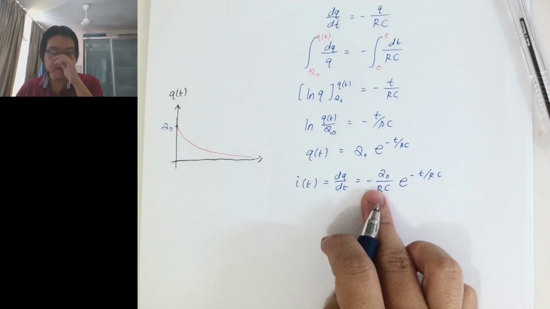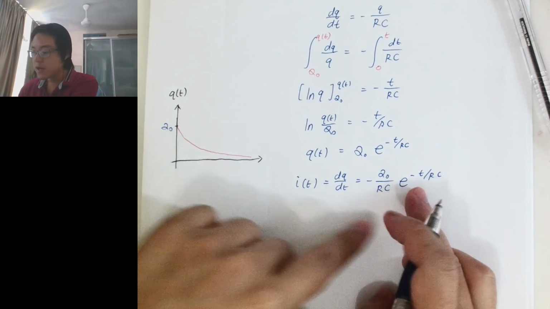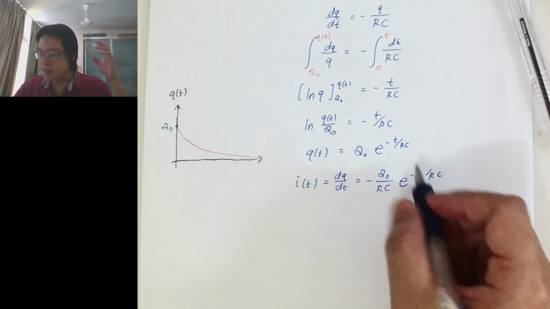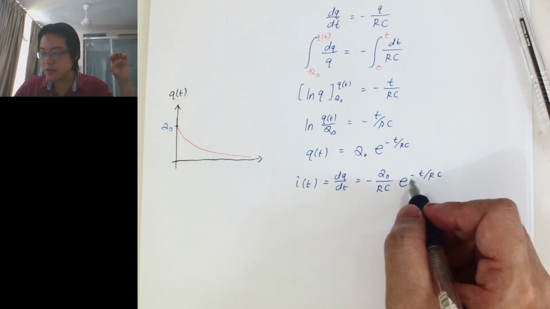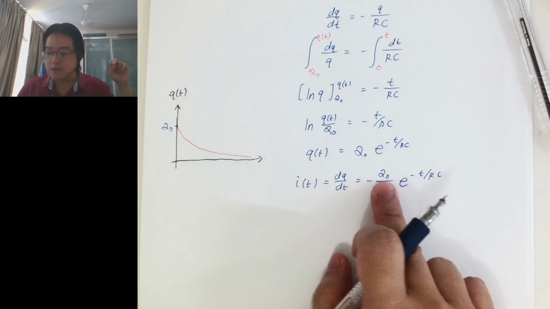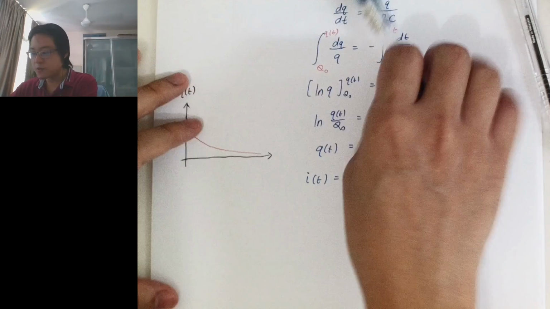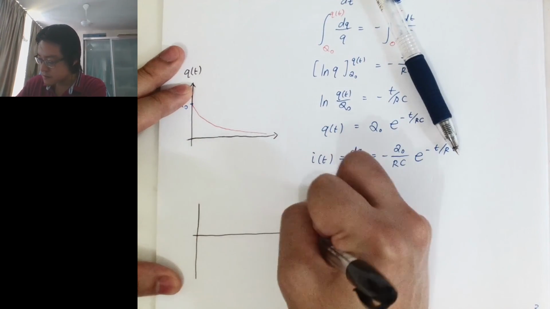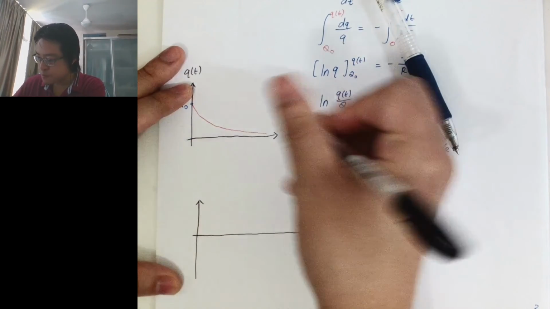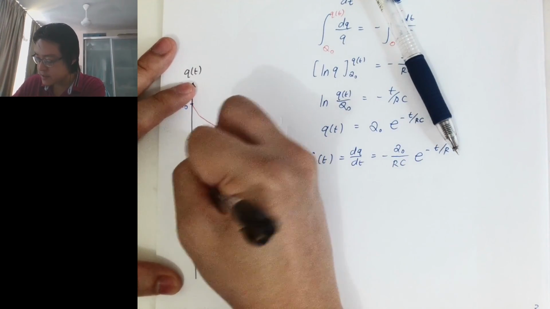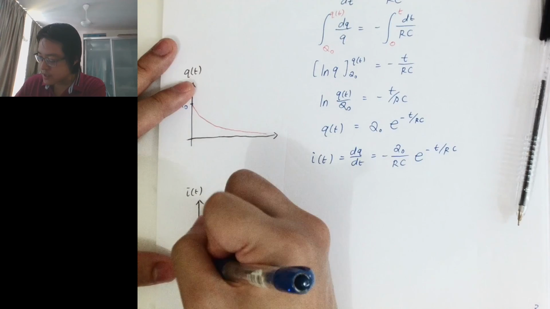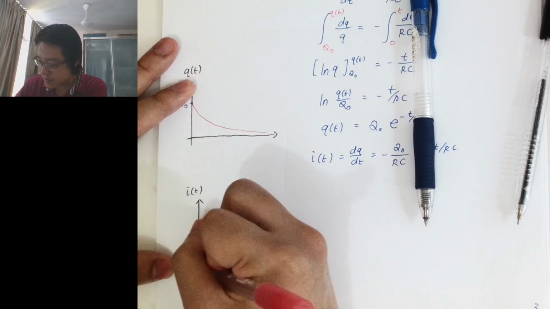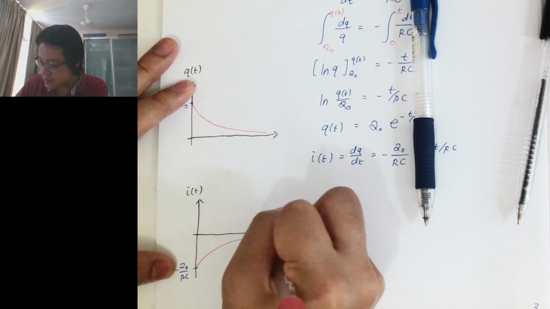So this is a negative exponential decay. At time 0, I start from a negative region. As time increases, this magnitude will decrease, so it will become a smaller factor to multiply until it approaches 0. So this is a graph in the negative region, and this is t. I started out at minus Q0 over RC, and then this is an exponential decay towards 0.